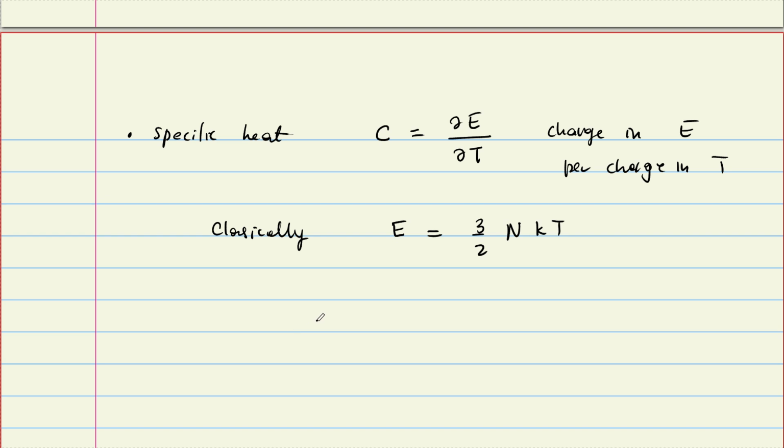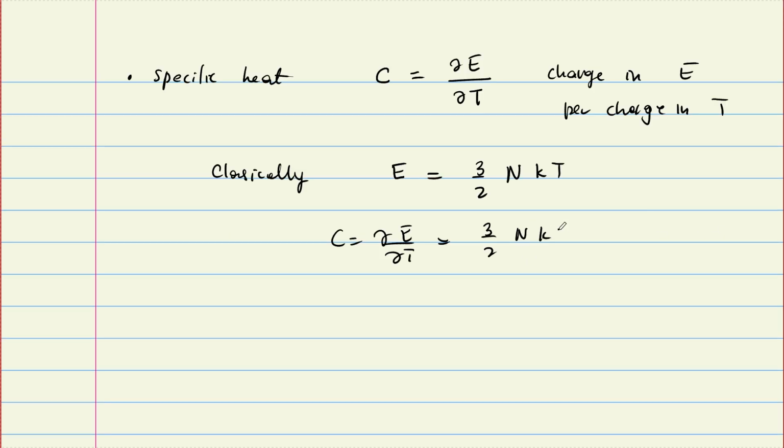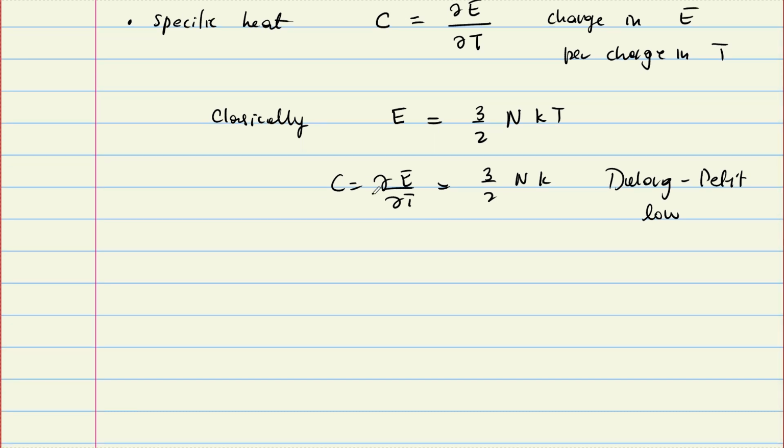This is the energy. And if this is the energy, C, which is del E del T, is going to be, take the derivative, which is simple stuff, 3 over 2 nk. So this is the so-called Dulong-Petit law. Basically, specific heat is constant. It doesn't depend on temperature. So this is a monoatomic gas with only translational degree of freedom.